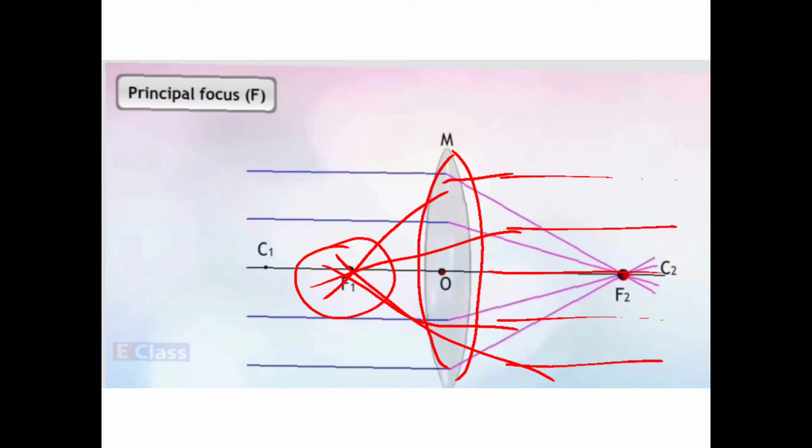So this F1 and F2, you have two principal foci for the lens, which is biconvex. So the light rays which fall on this convex lens come together and meet at one point, and that is the reason this type of lens is called the converging lens.